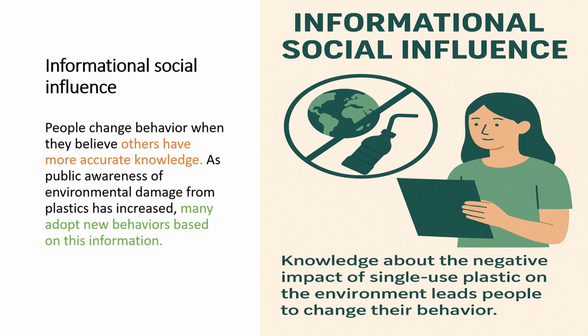But informational social influence is different. As we know previously, people change behavior when they believe others have more accurate knowledge. So informational influence is like they may lack knowledge about why this affects the environment, but still they are following other people because they think other people know better than them, right? Therefore they obviously follow them.